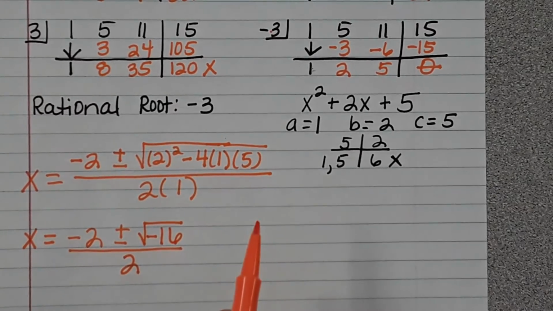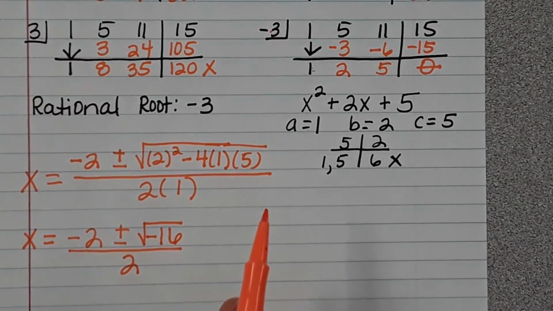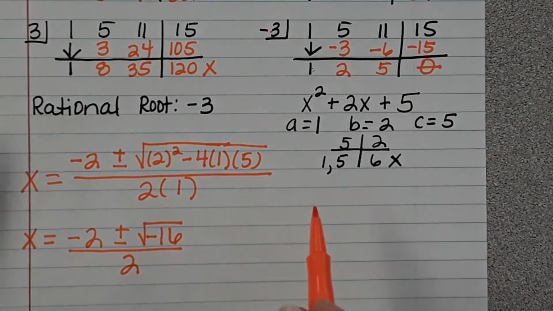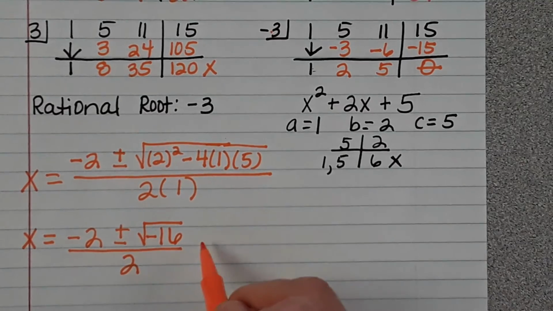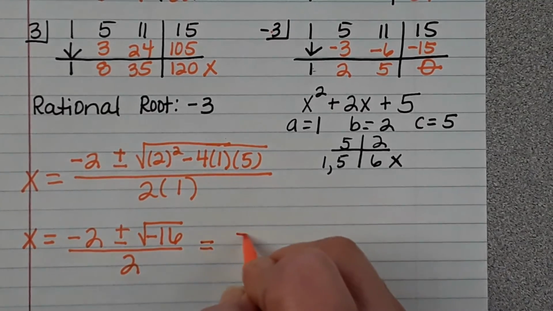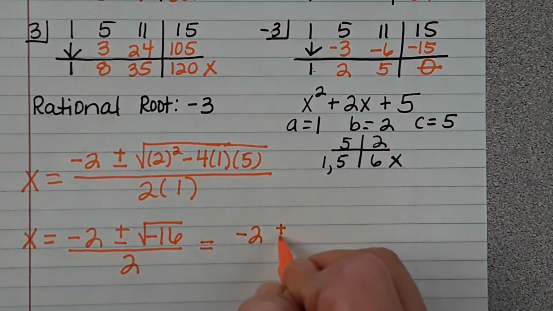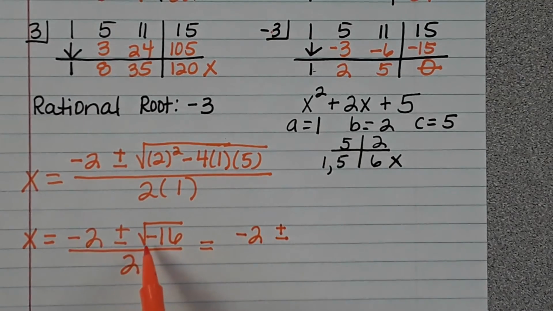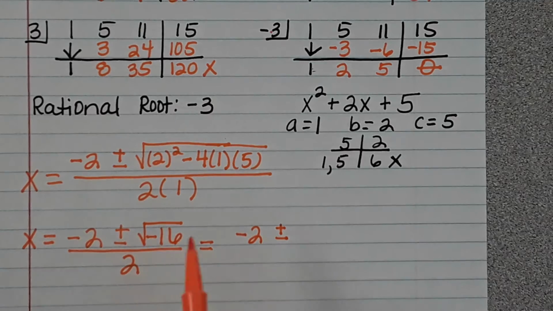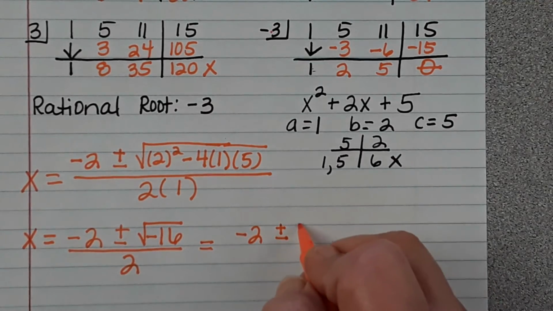Without testing the negative, I just want you to test 16 in your calculator. I want to know if the square root of 16 is a whole number or a decimal. Whole number, that means that 16 is a perfect square. So it's going to be -2 plus or minus, since you have the square root of -16, it means it's going to have an i, and the square root of 16 was what? 4.